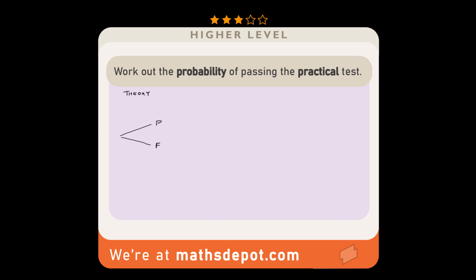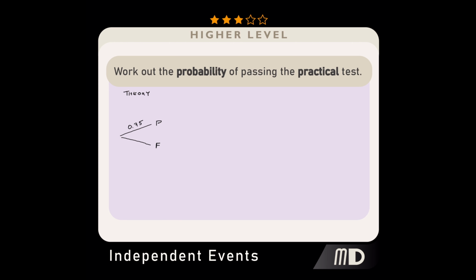The question tells us that the probability of passing the theory test is 0.75. That means that the probability of failing the theory test is 1 minus 0.75, which is 0.25.